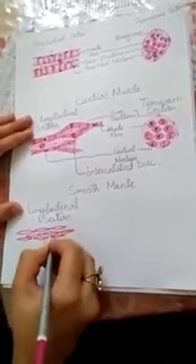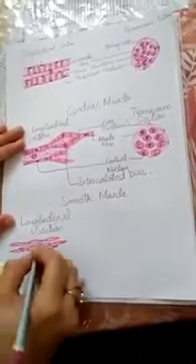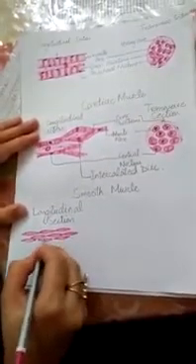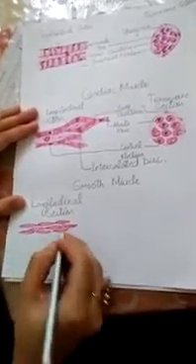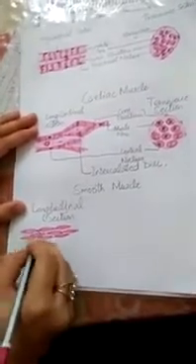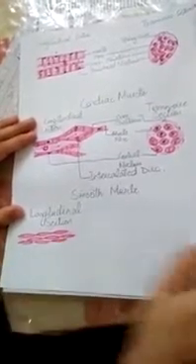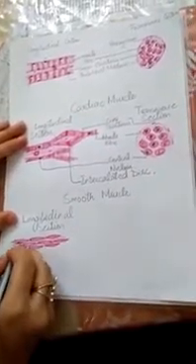I have drawn three layers of the smooth muscle fibers. Fill up the cytoplasm. They are non-striated muscles, so we will not draw any cross striations. Draw the ground substance. What about the nucleus? The nucleus of the smooth muscle lies centrally.